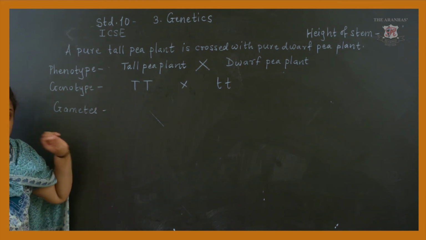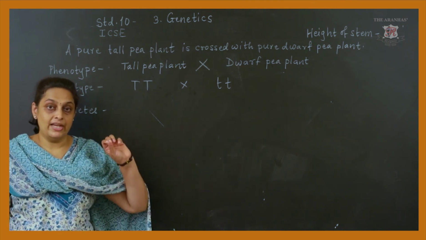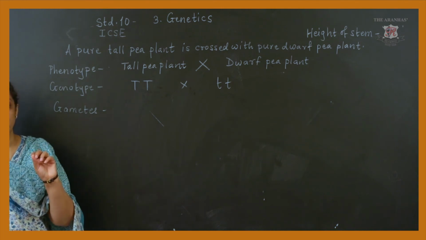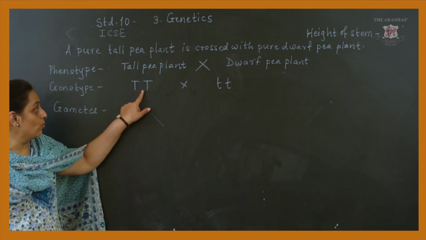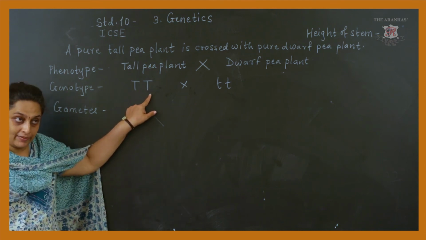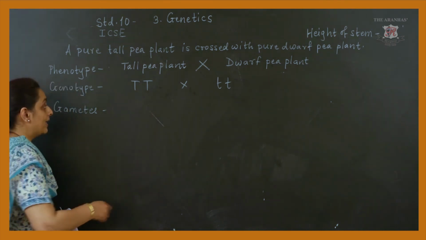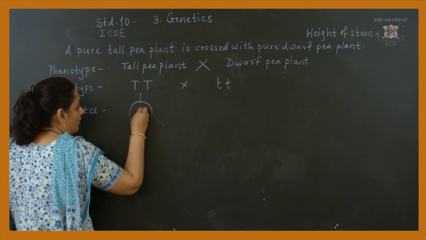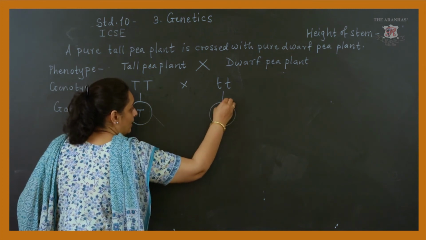Remember this, when gametes are produced, every gamete will have 50% genetic information only. So, when there are 2 genes in the parent, in both the cases see here, when gametes are formed, gamete will have 50% of it only.